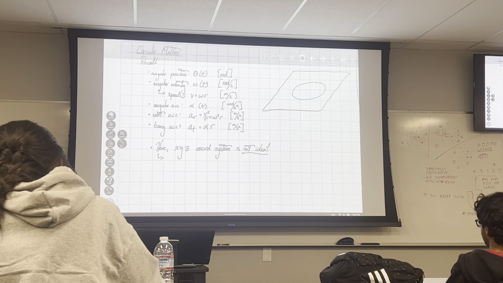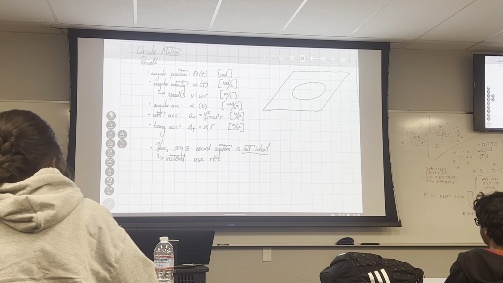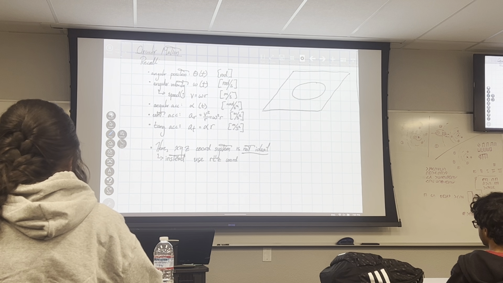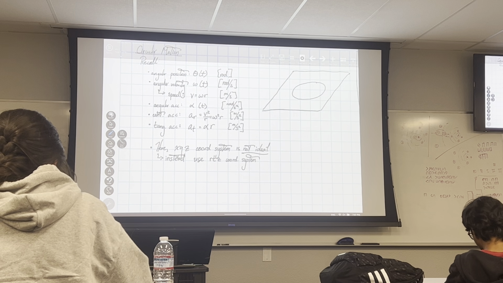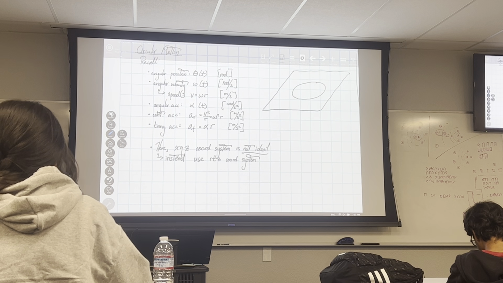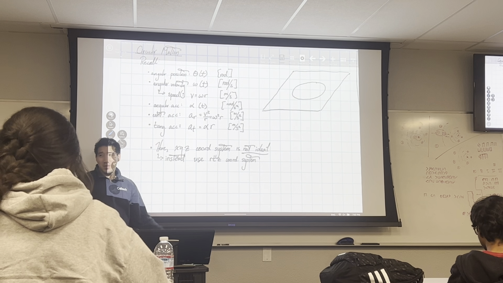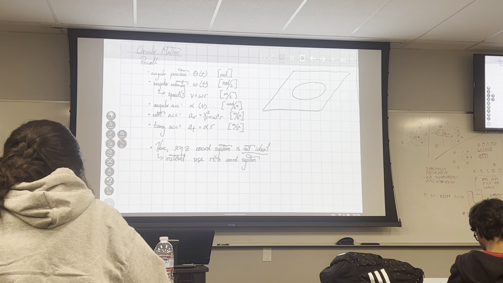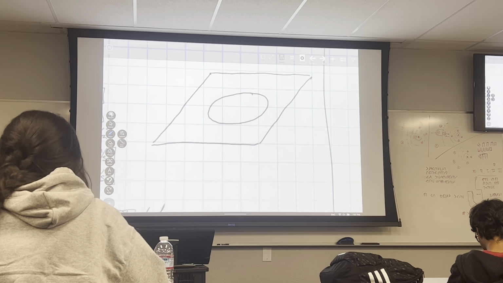So instead, we want to use what is called the RTZ coordinate system. Now, before I go over why the RTZ coordinate system is better, let's first just get an understanding of what the RTZ coordinate system even is.